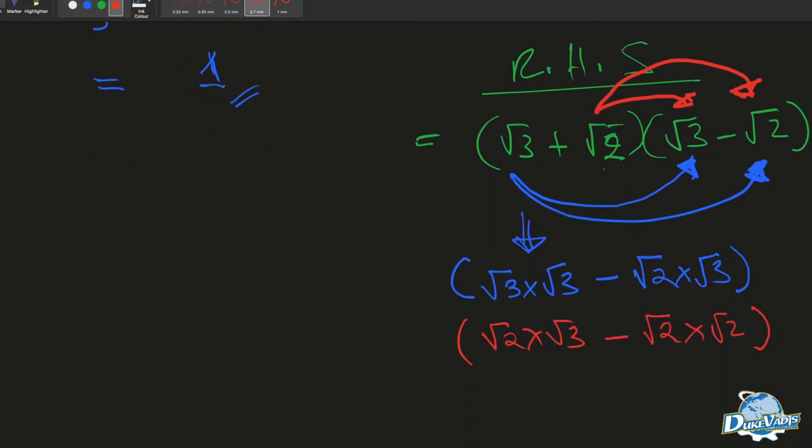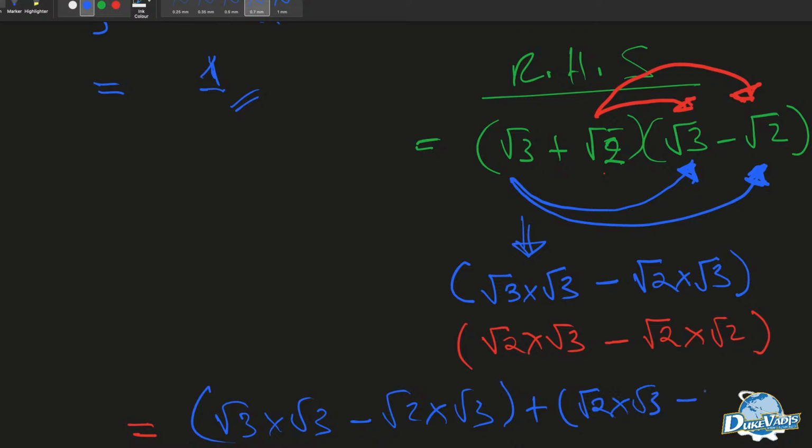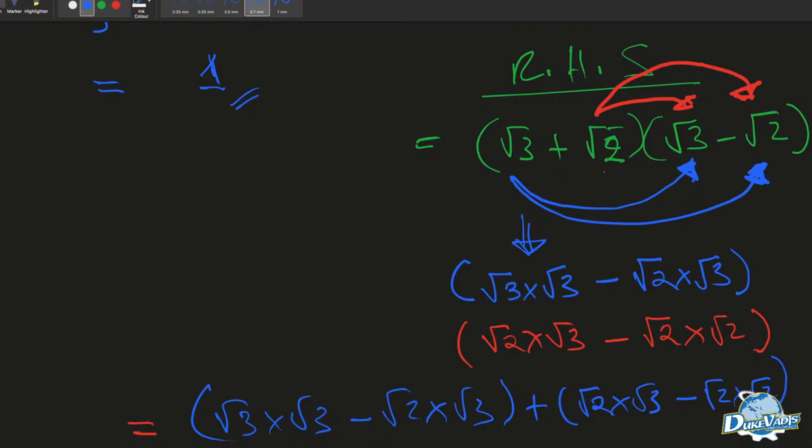So we are going to write it in total. So this, the first one, as we know, is root 3. So root 3 times root 3 minus root 2 times root 3 is 1. Okay, plus root 2 times root 3 minus root 2 times root 2 to bracket.